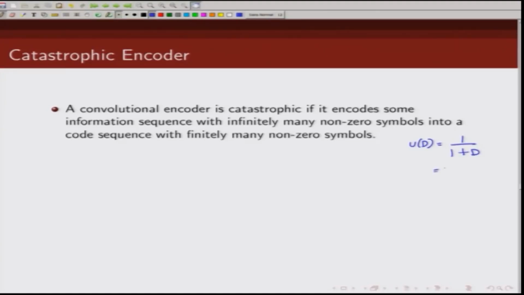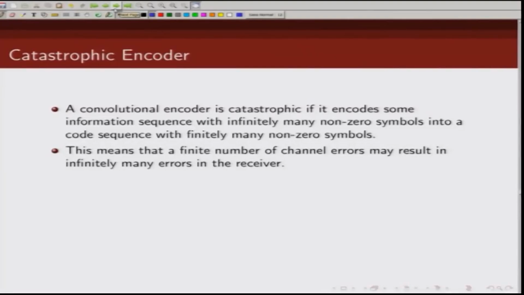It is basically 1 + D + D^2 + ..., a sequence of all ones. Now, if you have an encoder which maps an input sequence with a large number of ones into a coded sequence with a finite number of ones, that type of encoder is known as a catastrophic encoder.